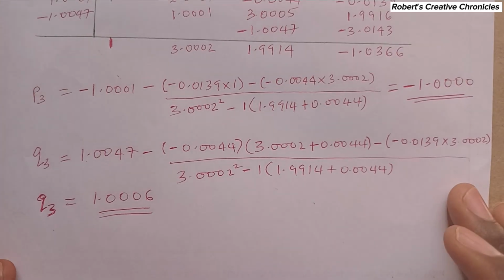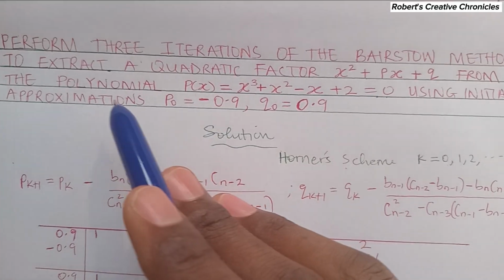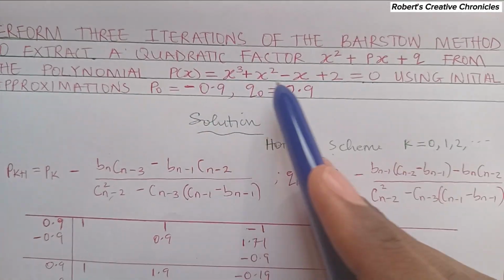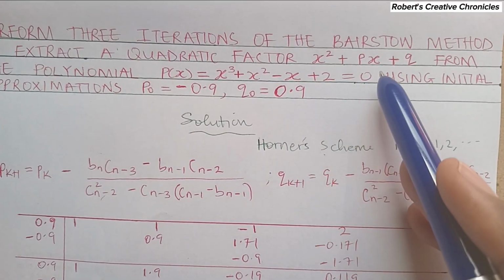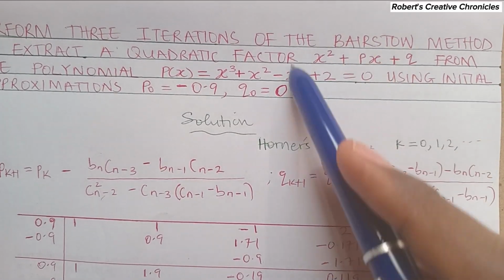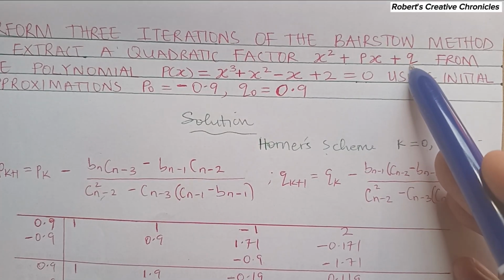But the question says to perform 3 iterations of the Bairstow method to extract a quadratic factor x squared plus px plus q from this polynomial. So we have to extract this quadratic factor. So p now will be equals to p3 and q will be equals to q3.